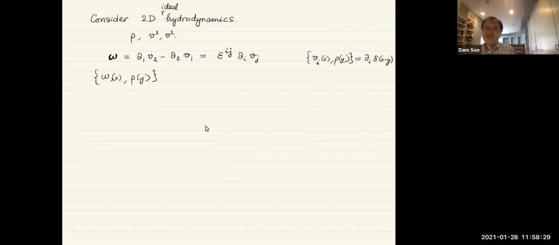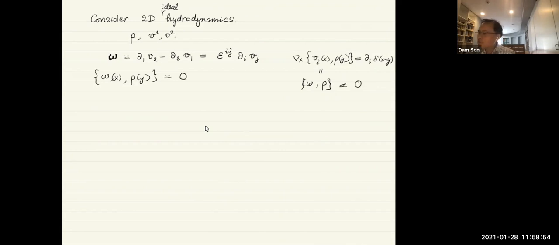So if I now need to compute omega, I need to take the curl of this. But this is a gradient, and the curl of a gradient is 0.